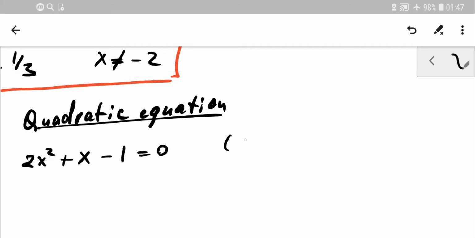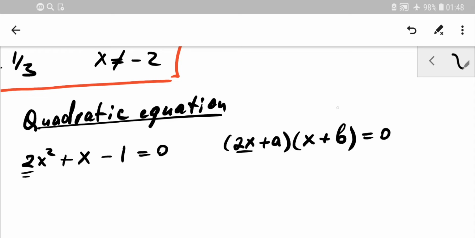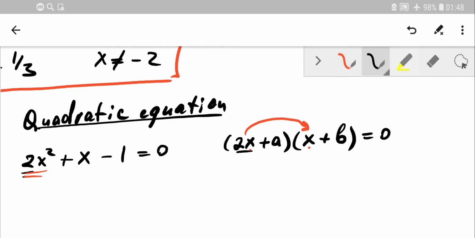Obviously they should be linear, but because the leading coefficient is 2, I put 2x plus a times just normally x plus b. Why have I taken 2x in the very beginning? Because if I start expanding the brackets, I'll get 2x times x, which is 2x squared, and I'll definitely need to have this term. So that's why I have a little change to what we did previously.